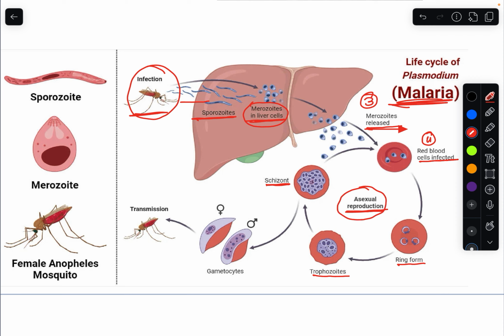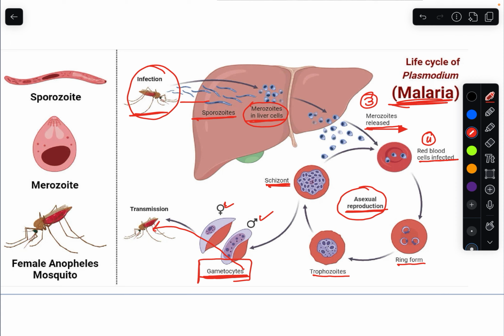Now when merozoites are reproducing in the red blood cells, some of the schizonts are converted into gametocytes, male gametocytes and female gametocytes. When another mosquito bites this infected person and takes up a blood meal, these gametocytes are transmitted to that mosquito.